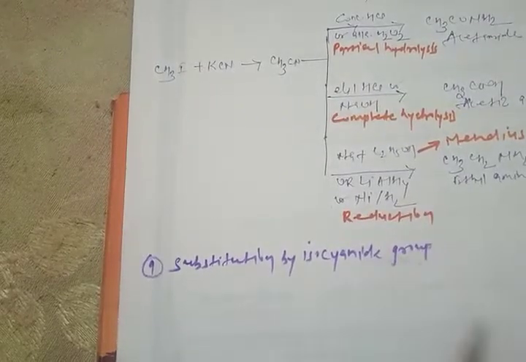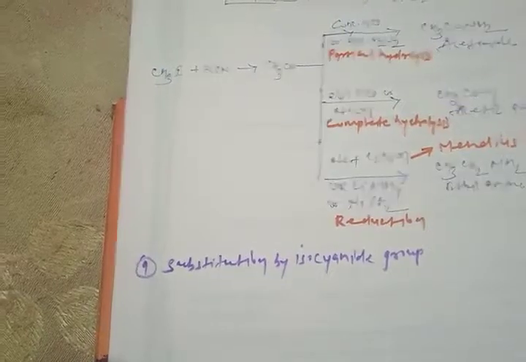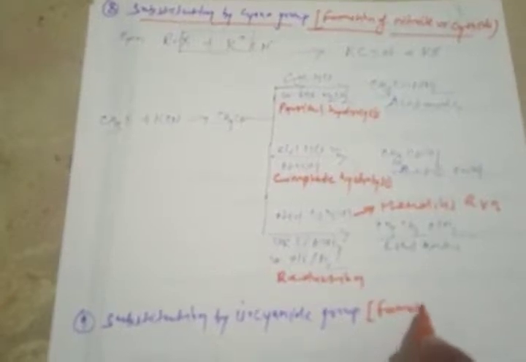So what is the product? Here the formation of isocyanide, like the formation of cyanide before. Let's talk about this reaction.